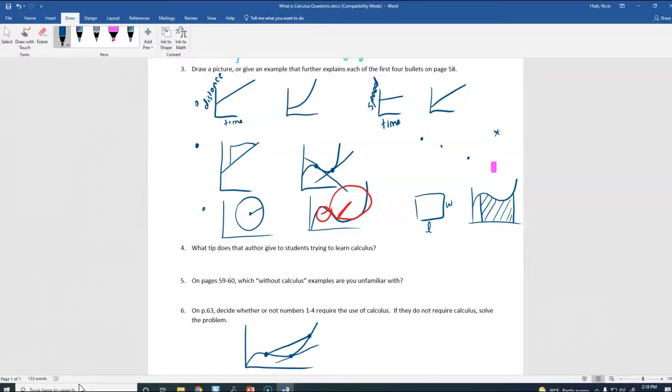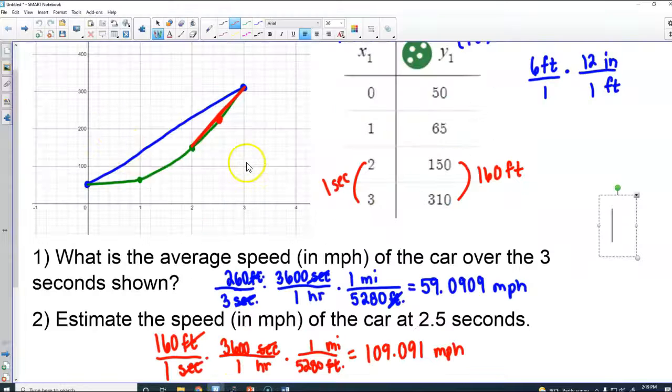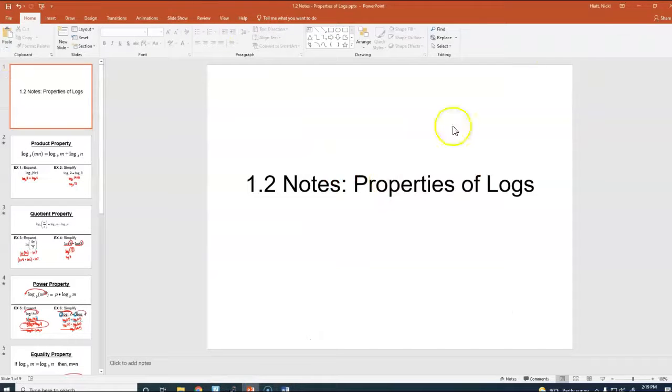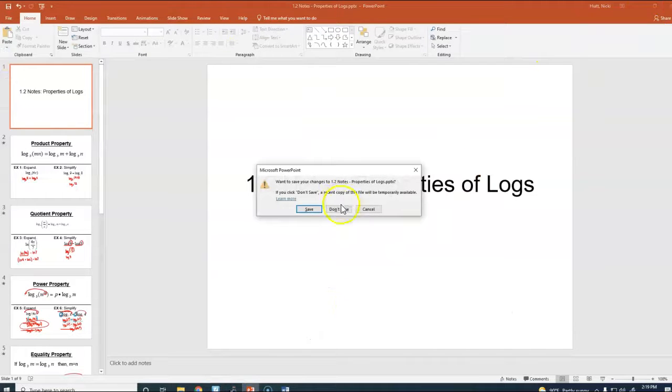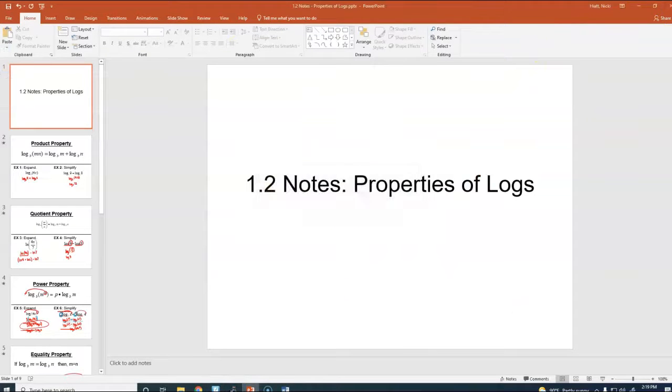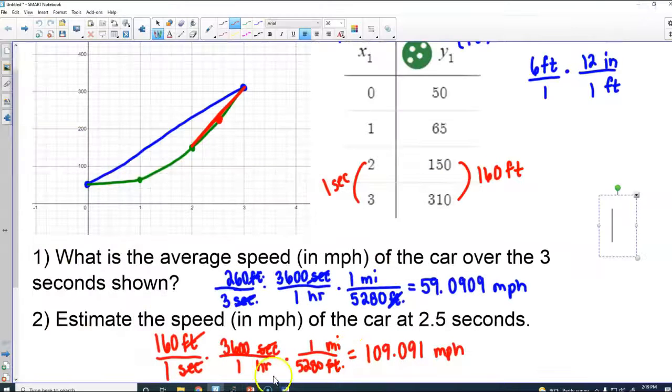But you are already doing slope of a secant line whenever you were on the warm-up, whenever we were finding the slope of this line right here, that was your slope of the secant line. So I just used the steps. That's pre-cal. That's not us.